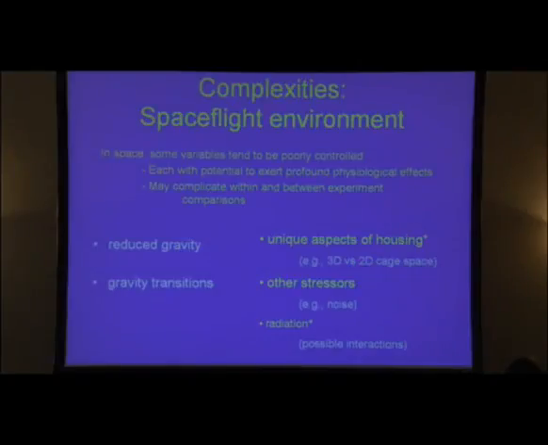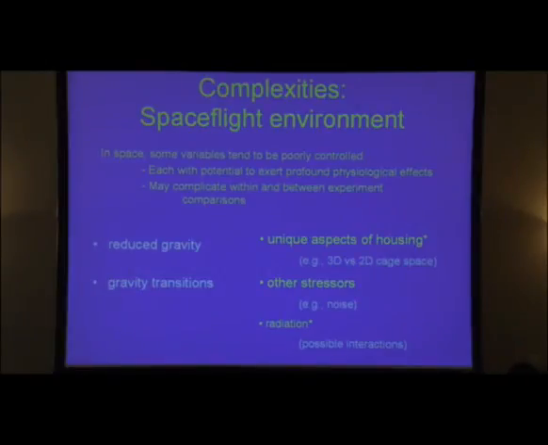So in terms of practical aspects, there are complexities to the space environment. I'm only going to mention a few because of the impact on interpretation of previous results and thinking about experimental design for future experiments. There are some independent variables in space, many of which tend to be rather poorly controlled, or at least we wish they were better controlled.